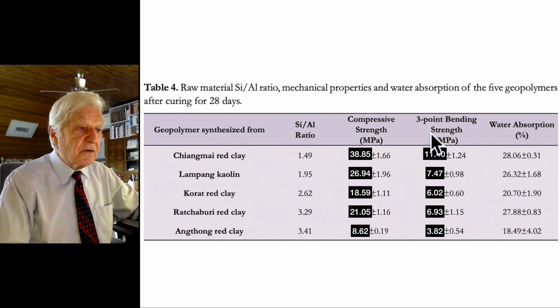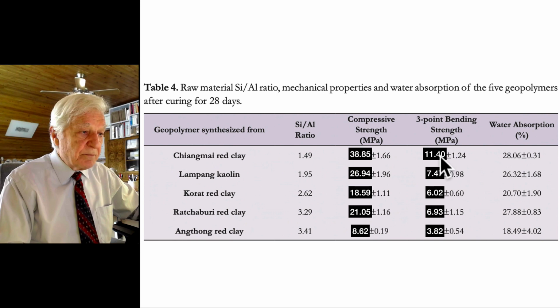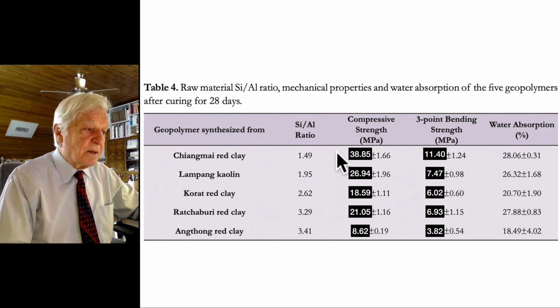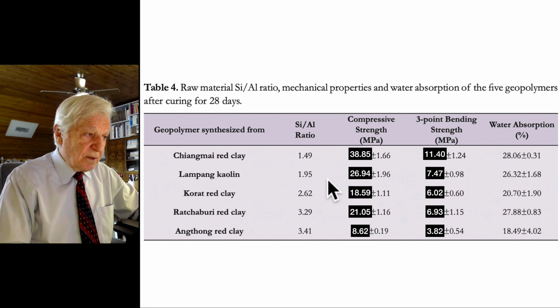Same for the flexural strength, 3-point bending strength: 11.40 MPa, and the others only 7, 6, 6, which demonstrates that, in fact, the high content of Fe2O3, of iron oxide from the type Fe3+, is providing a very interesting raw material for geopolymer cement applications.